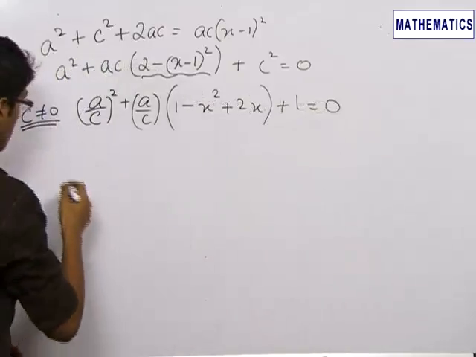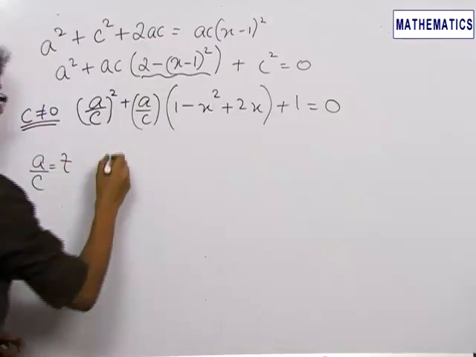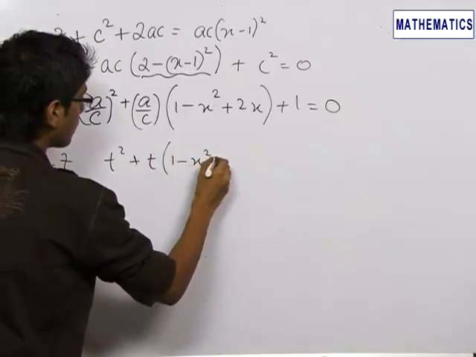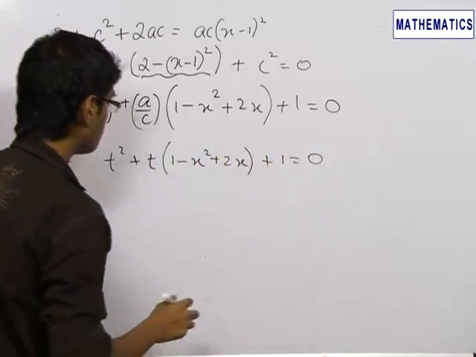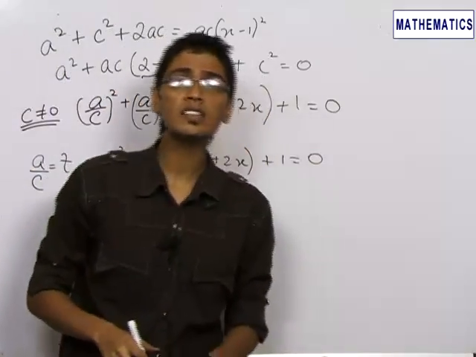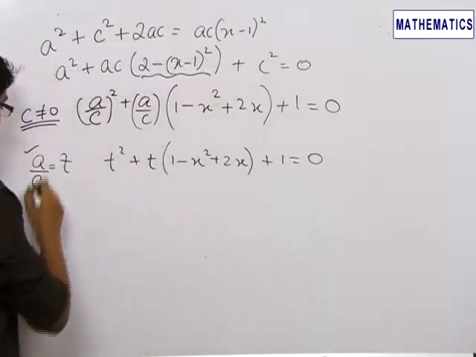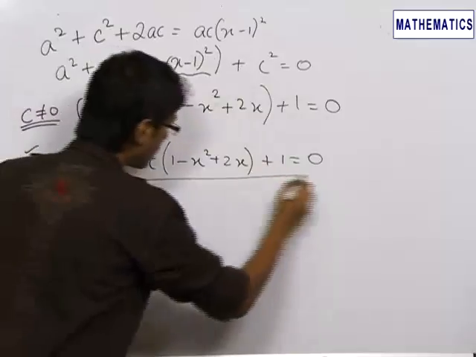Very clearly this is a quadratic in a/c, so putting a/c = t, we get t² + t(1 - x² + 2x + 1) + 1 = 0. Now a, b, c are three distinct real numbers in GP, so a is real, c is real, so t has to be real. So this is a quadratic in t.